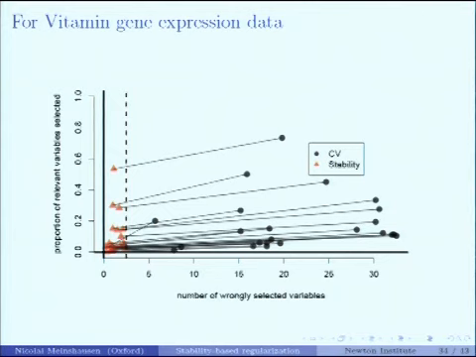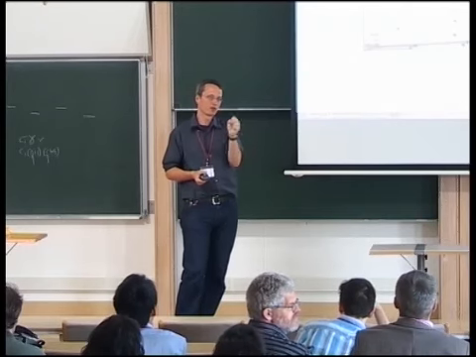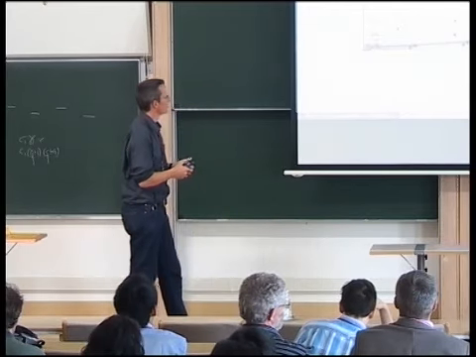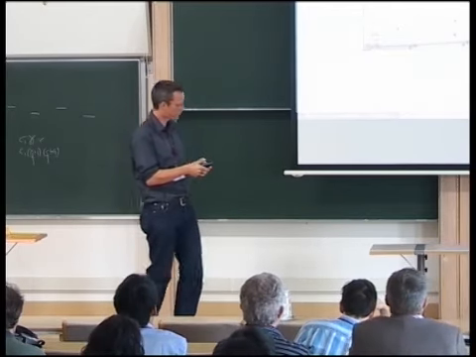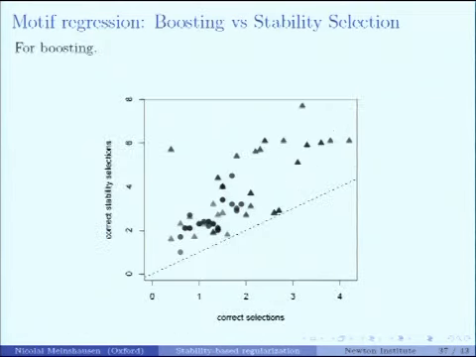So I demand for both the lasso, for example, and stability selection that I pick the tuning parameter in a way that I don't have any false selection, and see how they compare.